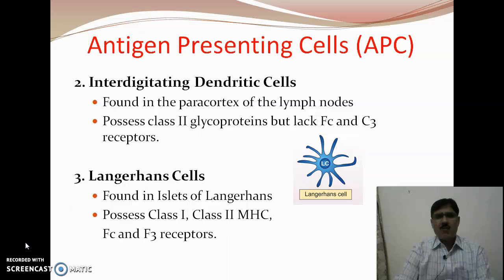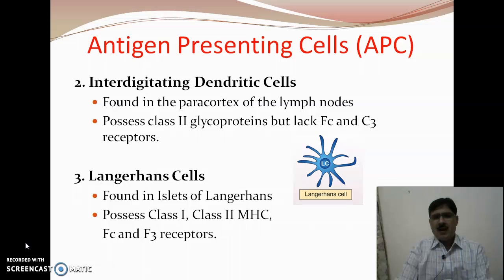The second kind of antigen presenting cell, or APC, is the interdigitating dendritic cells. They are more or less like the follicular dendritic cells, but the basic difference is they are found in the paracortex of the lymph nodes, while the follicular dendritic cells are present in the centermost region.